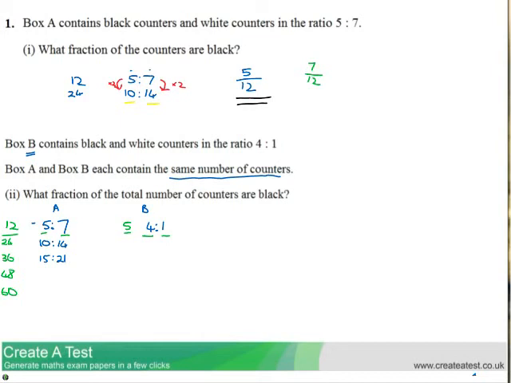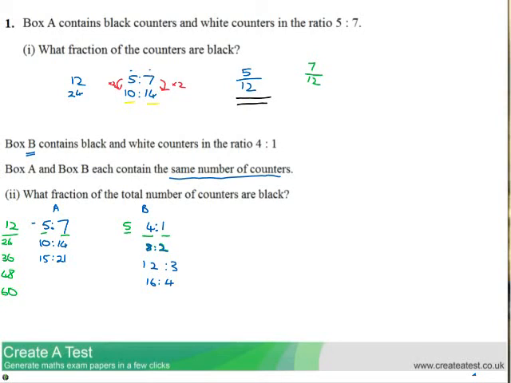Okay. On the second ratio, we could do the same and write out equivalent fractions for 4 to 1. So 8 to 2 is exactly the same as 4 to 1. We also could say that 12 to 3 is the same as 4 to 1, and 16 to 4 is the same as 4 to 1.